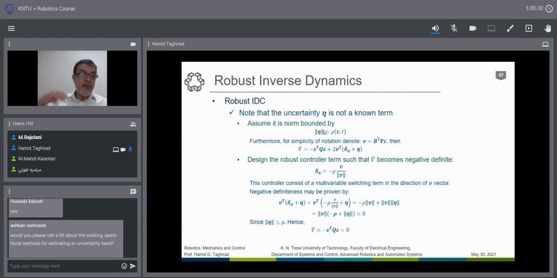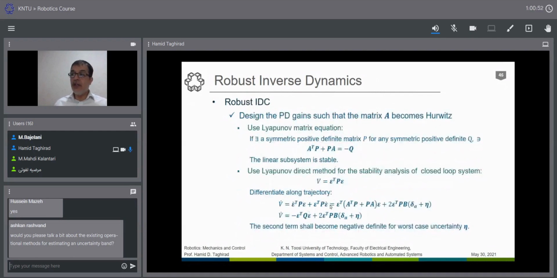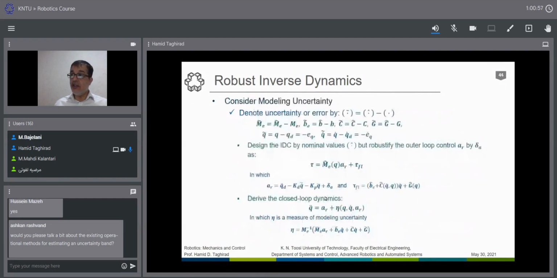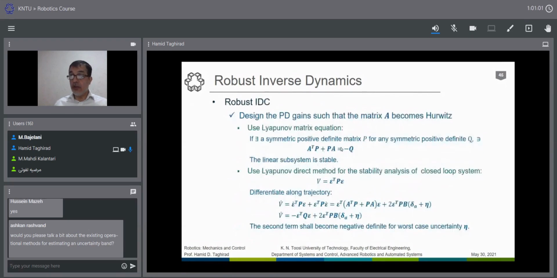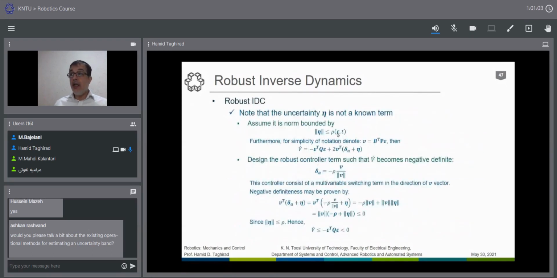We have an upper bound of the worst case of it. We call it phi rho. Rho is a scalar function. It is a function of the state. This is a function of time. Time could come into the picture if we have some desired trajectory, because we have the errors here, and as you see here, we have q_d dot.